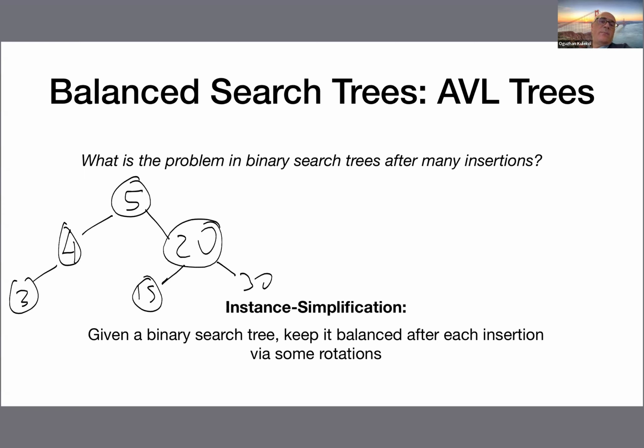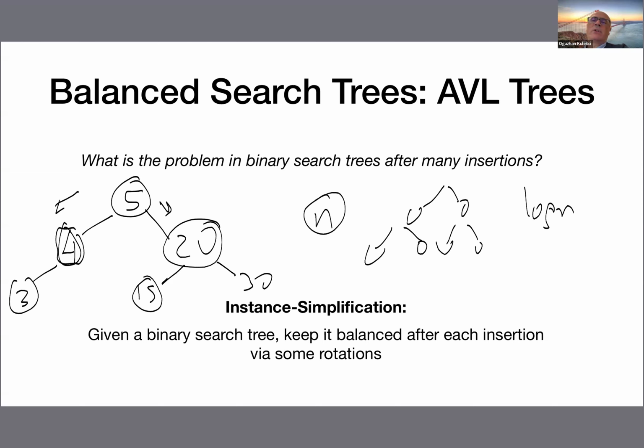All the elements less than 5 are on the left, all the elements greater than 5 are on the right, and that holds for all the inner nodes. Good. What is good about the binary search tree is if it is a balanced one, which means I have n elements and with the n elements I can create a complete binary tree of height log n, right? So whenever I would like to search for something, I can do it in log n time.